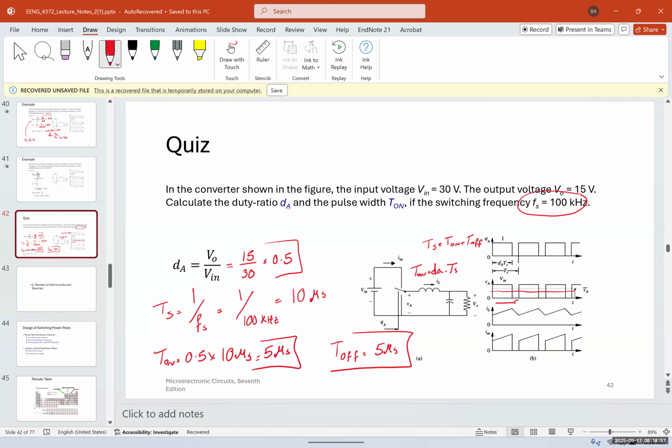When you have 100 kilohertz, meaning it's switching 100,000 times per second, you can't do it with a manual switch. You need a control system and a semiconductor switch to do that.